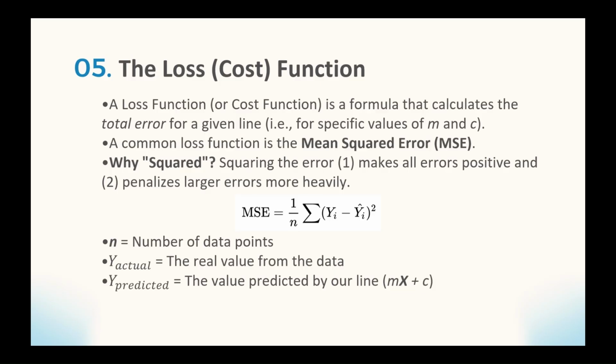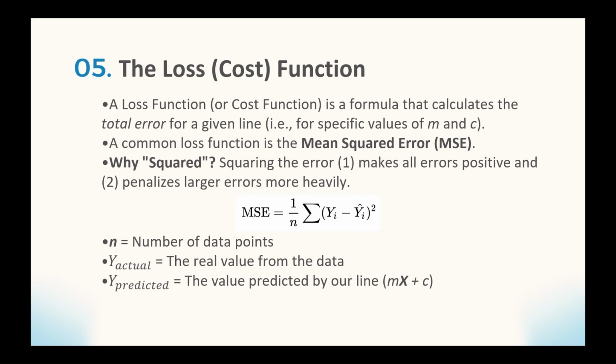This is where the loss function comes in. A loss function, also known as the cost function, is just a formula that calculates the total error for a given line. That is, for a specific value of m and c. A very common and effective loss function is the mean square error, or MSE, which you see here.